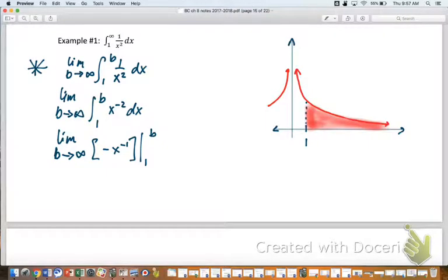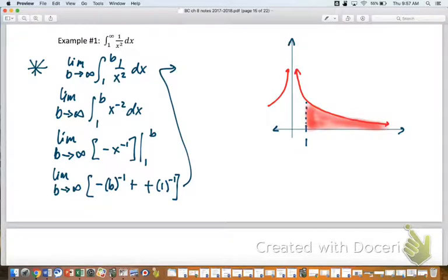So then we do FTC1. We continue to have this limit here, and with FTC1, we're going to plug in the b and the 1 and find the difference. So this would be the negative of b to the negative 1 minus the negative of 1 to the negative 1. So, of course, that's really plus a positive. Like so. And we can finish this one up here.